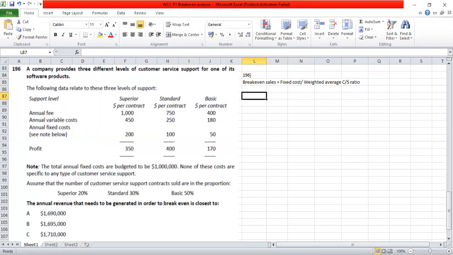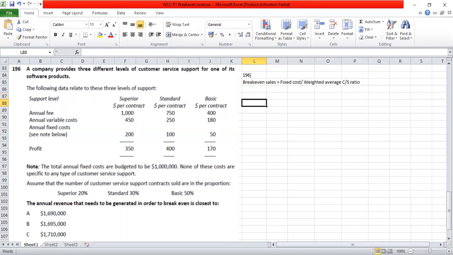So three products: superior, standard, and basic. We have the annual fee, we have the variable cost, and we need to find out the contribution margin, and then find out the weighted average contribution by sales ratio. Weights are given as 20%, 30%, 50%.